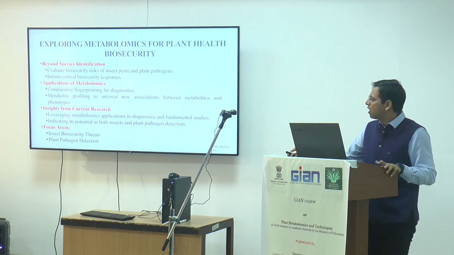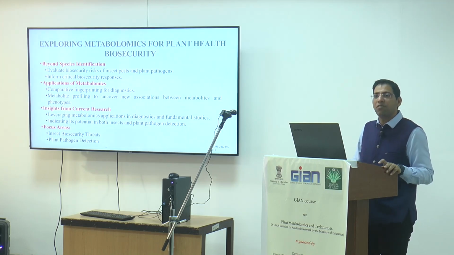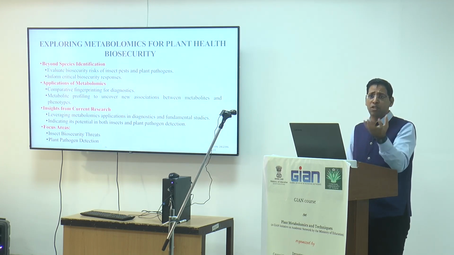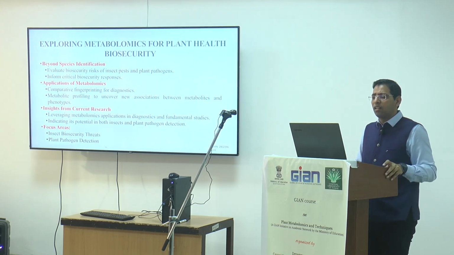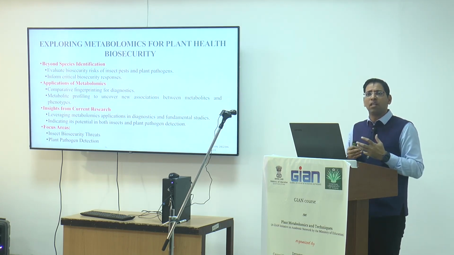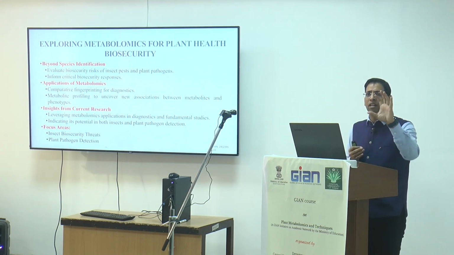Metabolic profiling can also uncover new associations between metabolites and phenotypes. If you identify metabolites responsible for a specific phenotype in a particular plant during disease conditions, you can use the same thing for association, and the upregulation and downregulation of metabolites is directly associated with the phenotypic appearance of those plants.